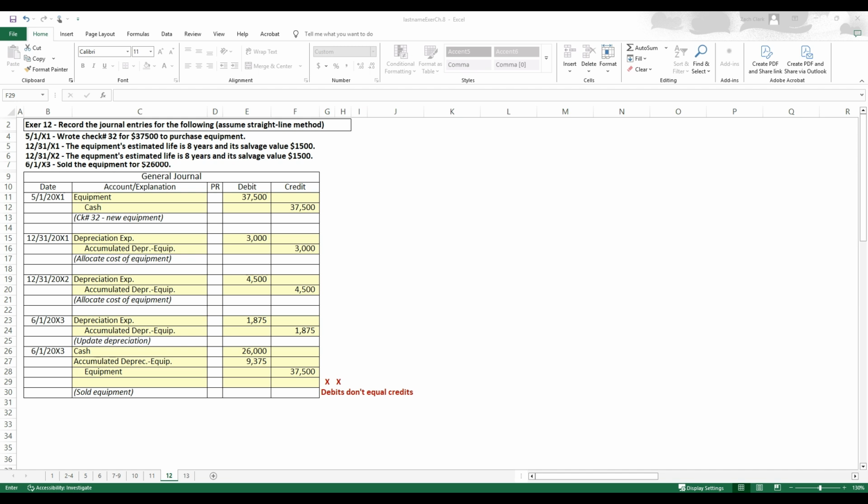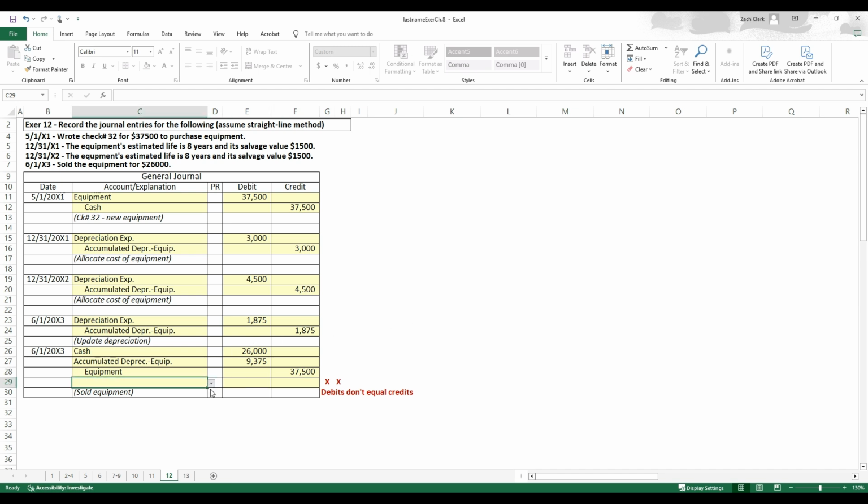And so now you can see the equipment cost was 37,500. You had 9,375 of accumulated depreciation recorded to the time when it was sold. So $37,500 cost less $9,375 accumulated depreciation means that the net book value was $28,125. So the cash that we got was less than the net book value.